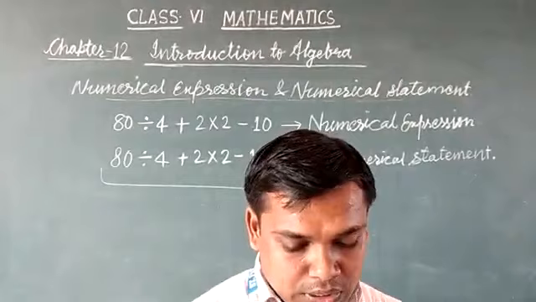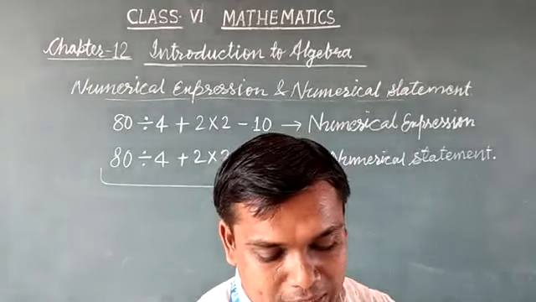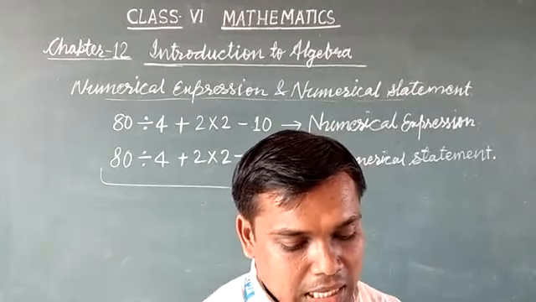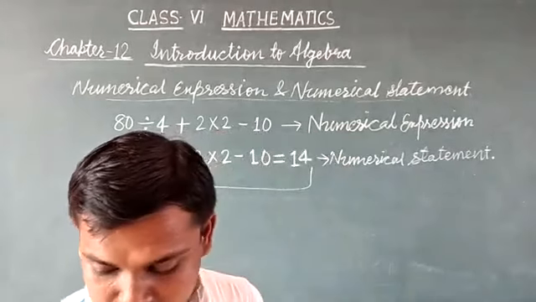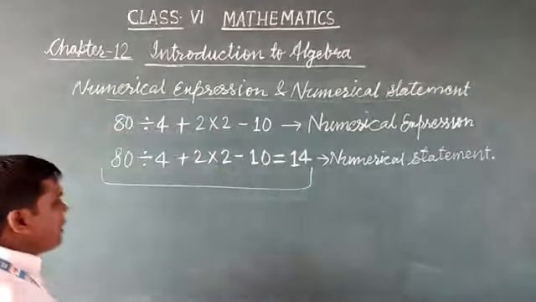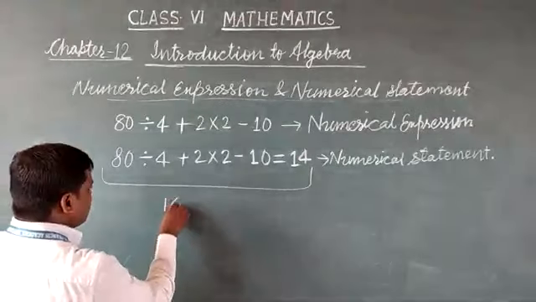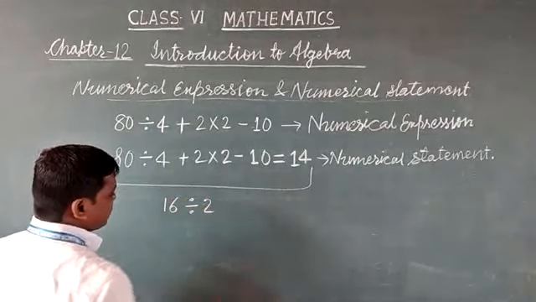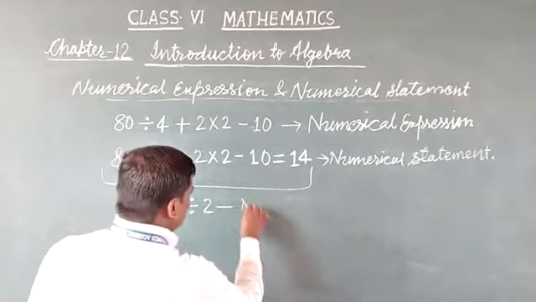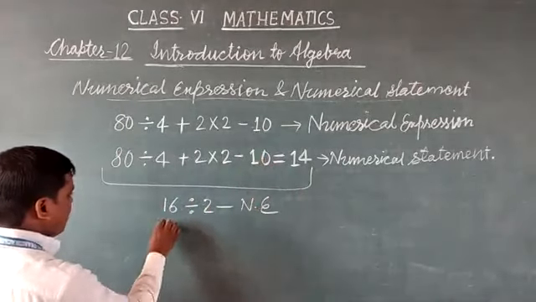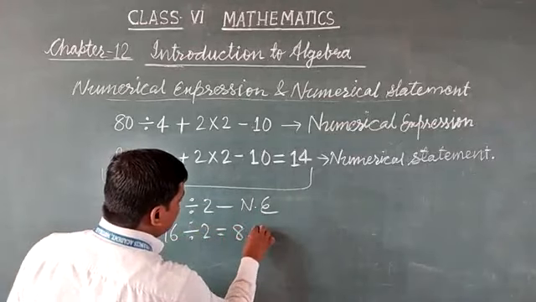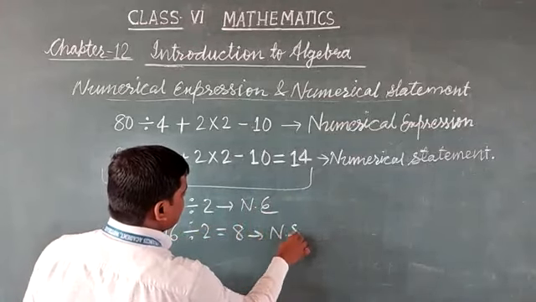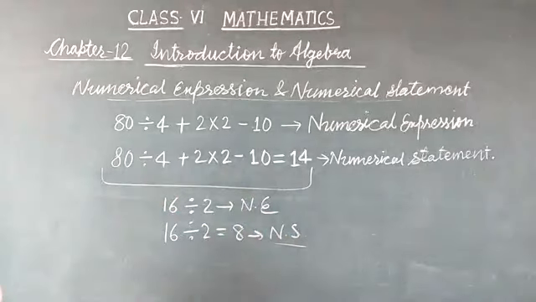I hope you understood what is a numerical statement and what is a numerical expression. Another simple example I am taking. Suppose you have 16 divided by 2. This represents a numerical expression. And if you have 16 divided by 2 is equal to 8, it becomes a numerical statement. Okay.